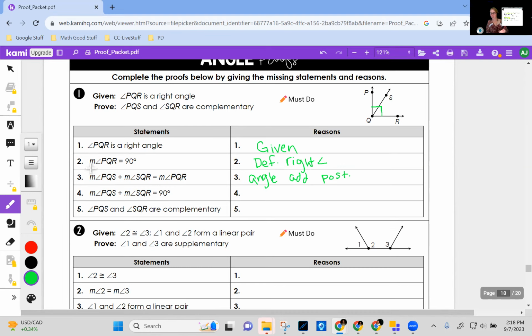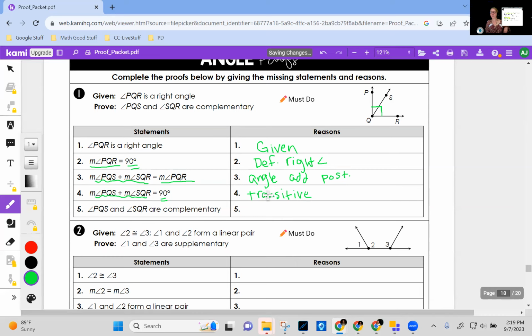We have angle PQR equaling 90. And we have angle PQR equaling this other stuff. And so then to come here and say that the other stuff equals 90, that sure looks like the transitive property to me. So that's what I'm going to write, transitive property.